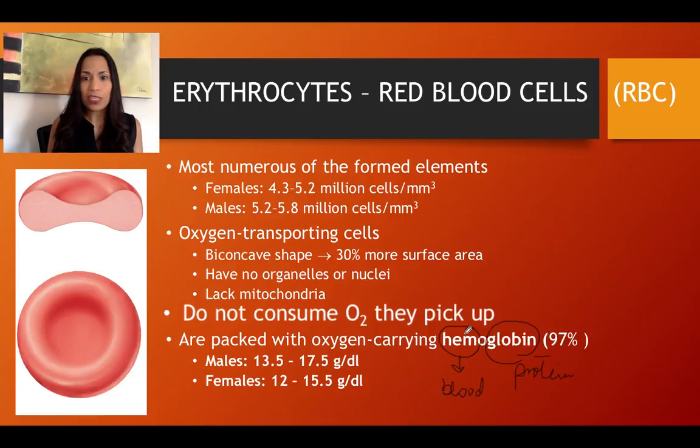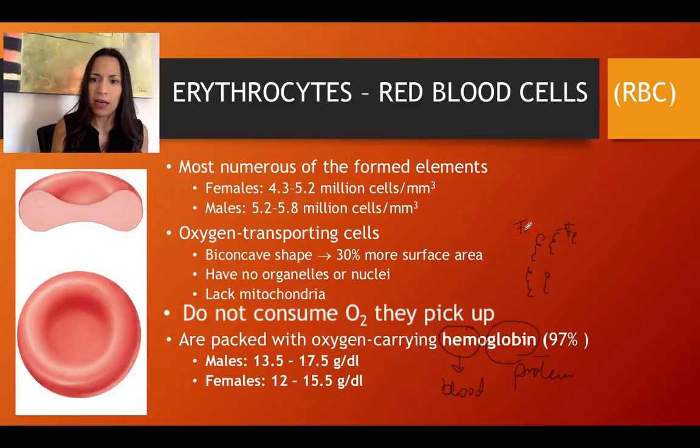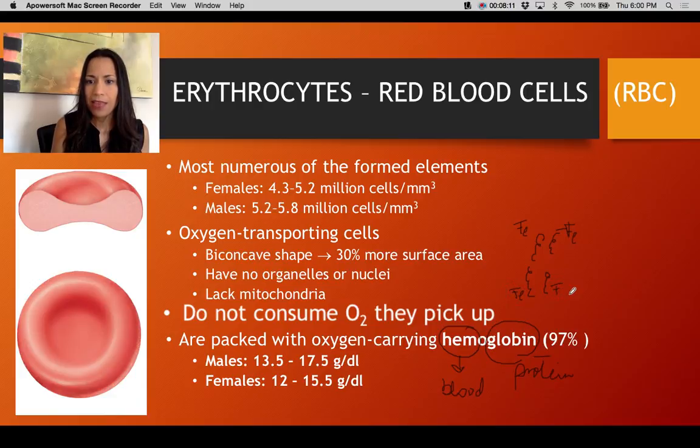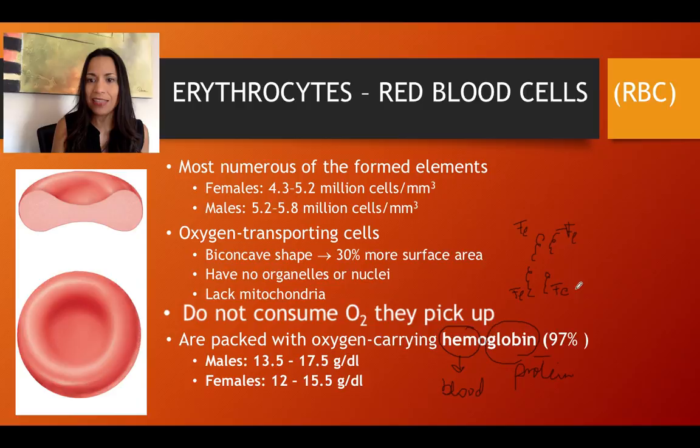The structure of this protein is like 4 chains, something like that. And each of these chains can bind an iron atom. And these are the binding sites for oxygen. And this is per hemoglobin molecule.